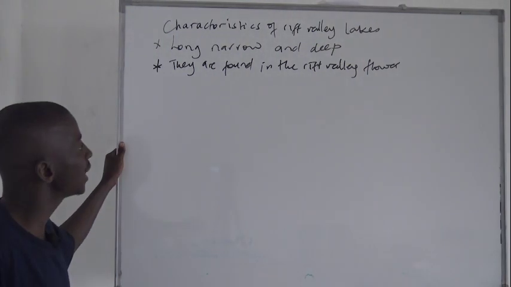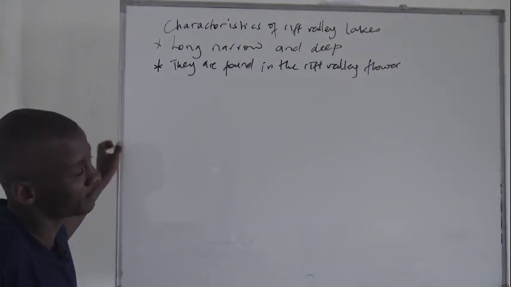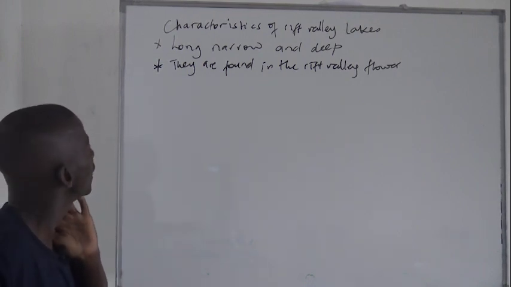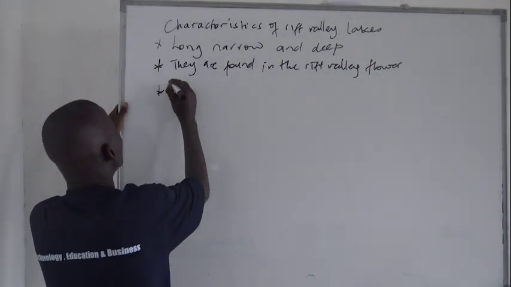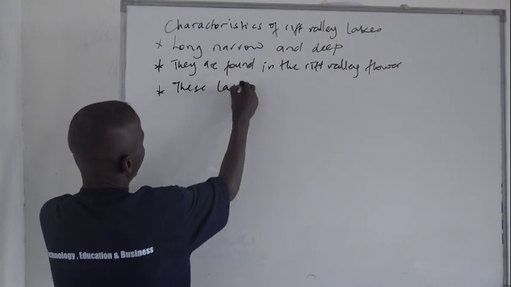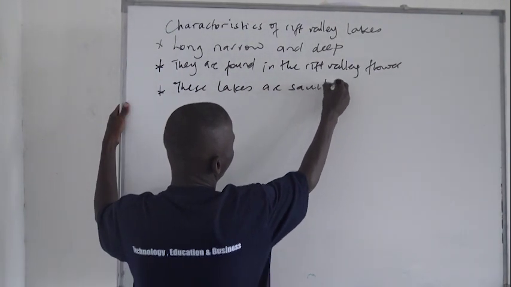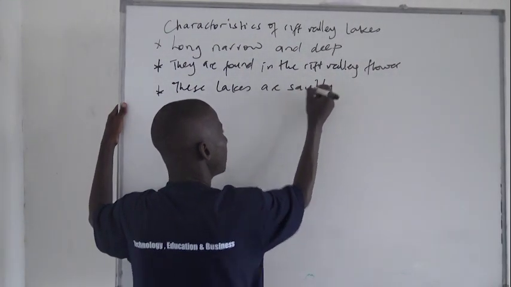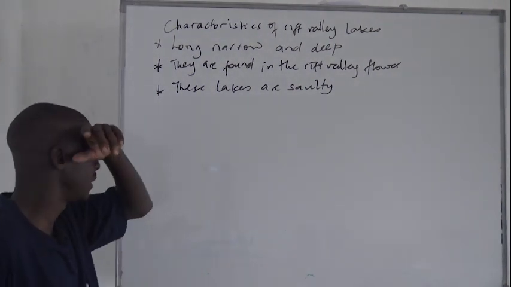Wherever you find them, get to know that these lakes are usually found in the floor of the Rift Valley, and they are salted. Most of these lakes contain some salty elements.